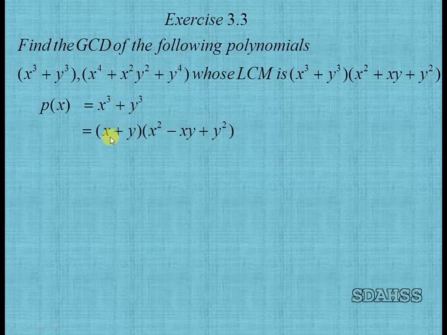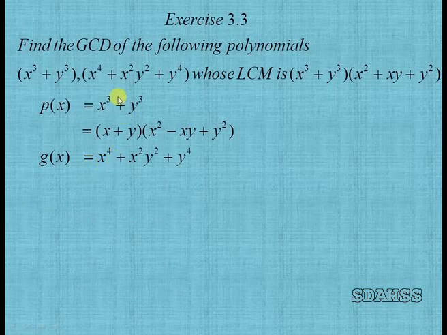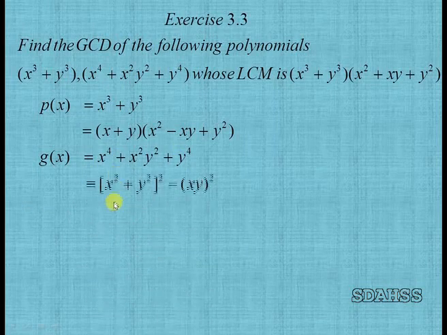The second expression be g of x. G of x is equal to x power 4 plus x square y square plus y power 4. This can be written as (x square plus y square) the whole square minus (xy) the whole square. If you expand this, you will get this answer.